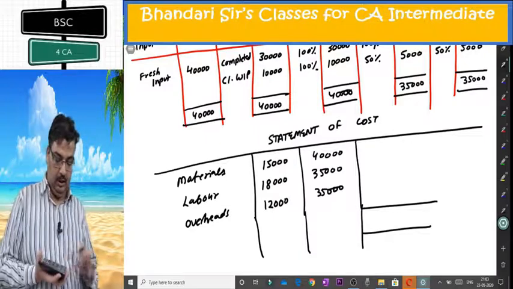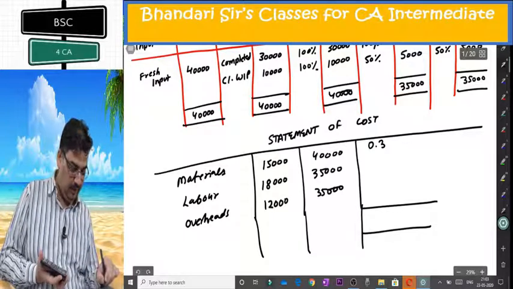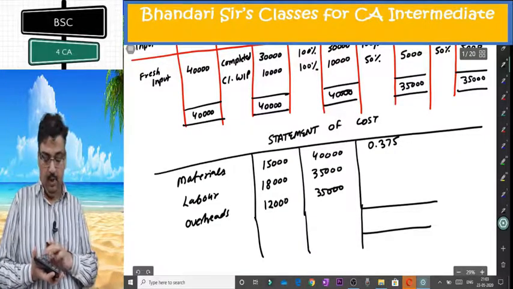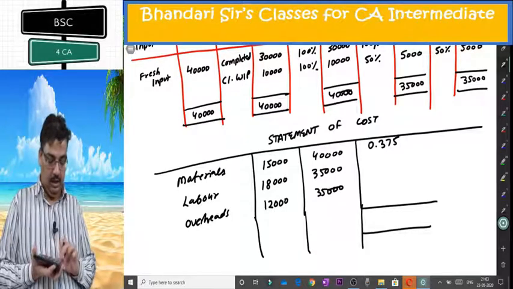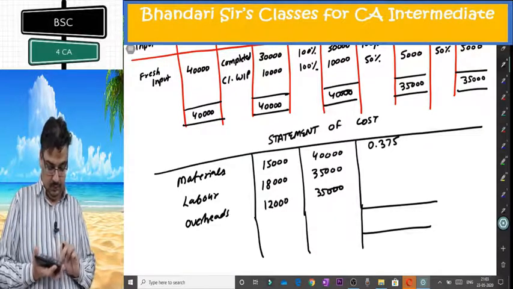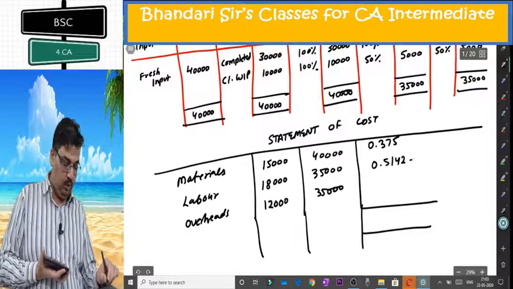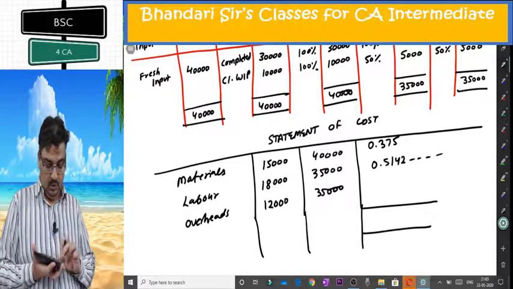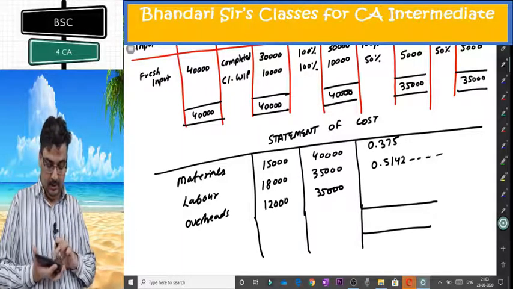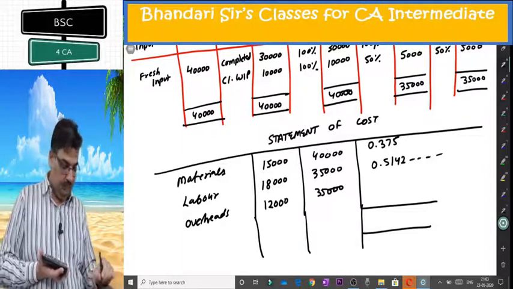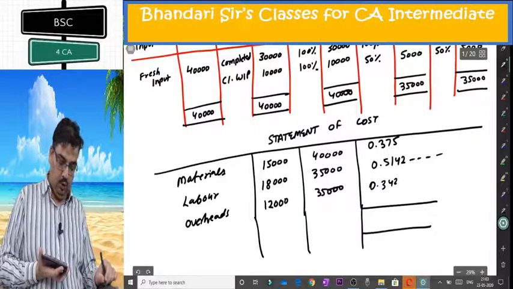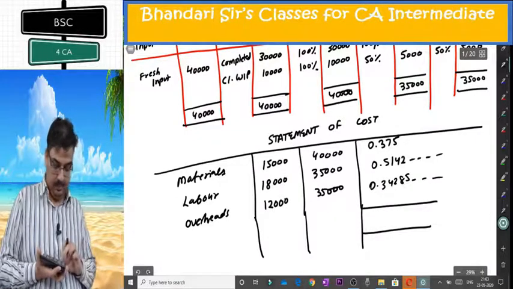15,000 divided by 40,000, this is 0.375. Preferably do not approximate in per unit at least. So I will write it there 0.5142 and so on till the end. I'll be considering it later on. 12,000 divided by 35,000, same way 0.342857 and so on.